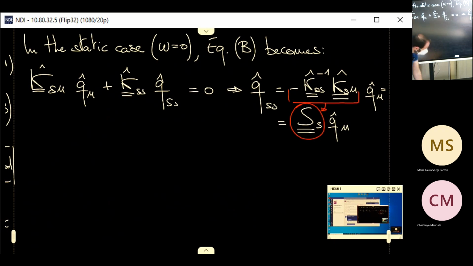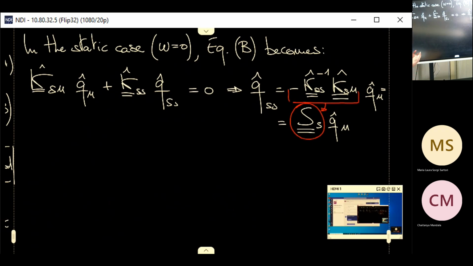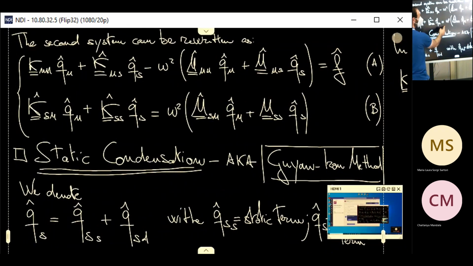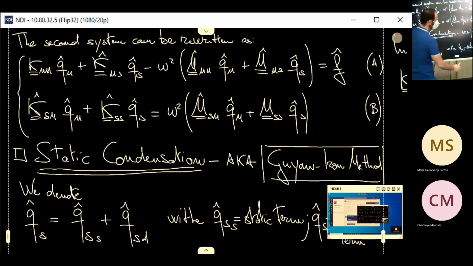Now we can rewrite equation B for the case of omega different from 0, so the original one. Okay, so we are going to rewrite this equation, but introducing the last definition. Okay, this one here.